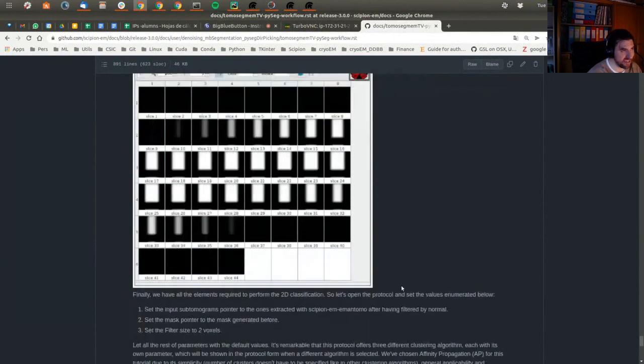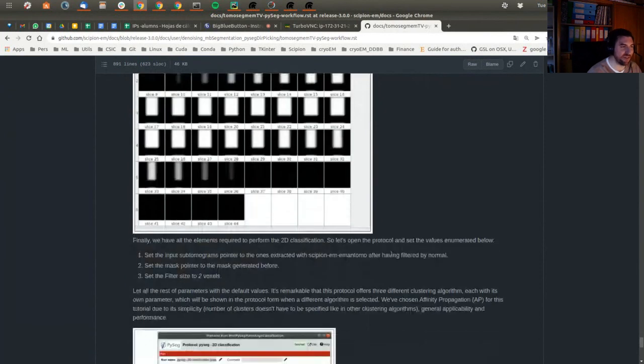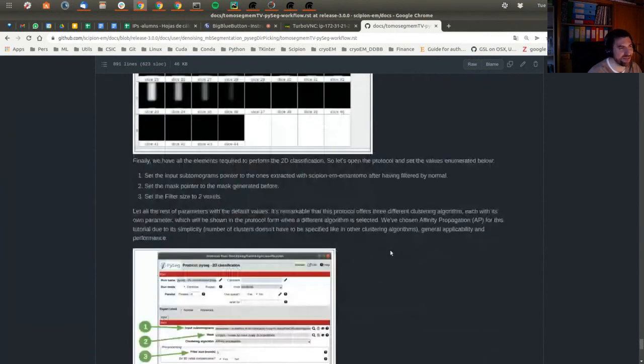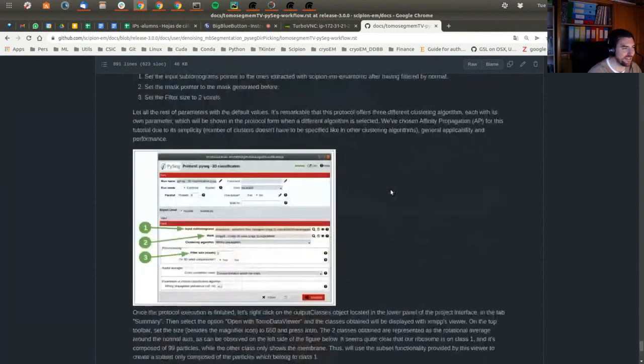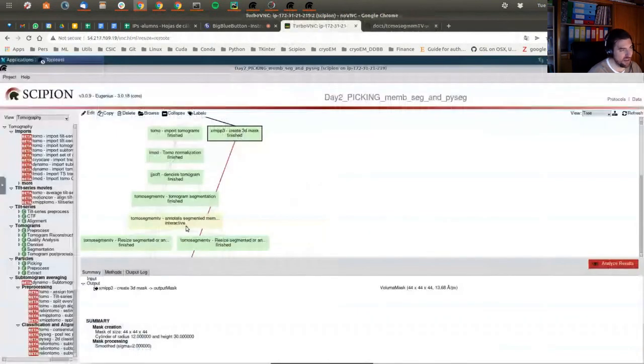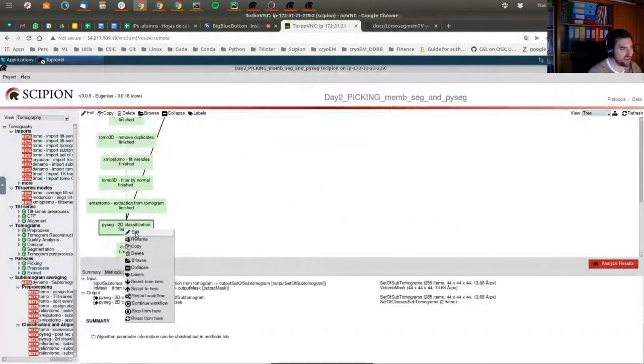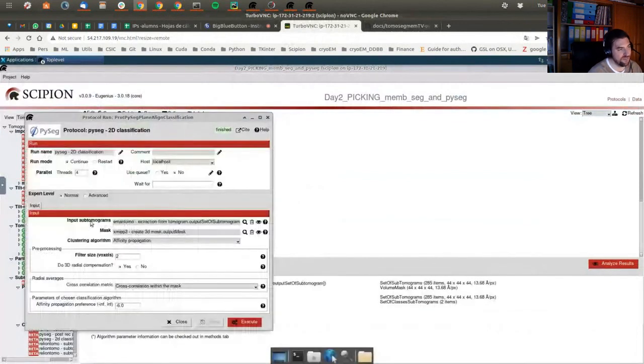With this mask, we are finally able to fill these parameters. With our particles and our mask, I've used an intermediate filter of 2 voxels to provide a proper representation of the results.